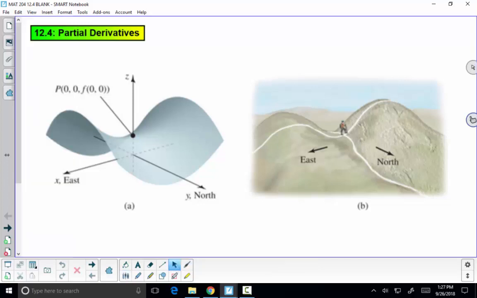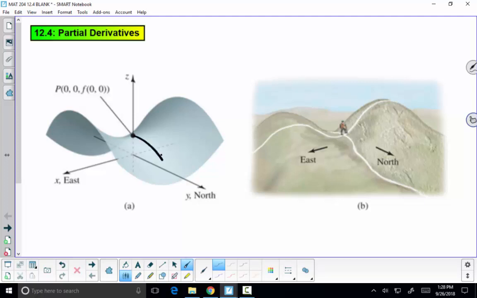All right, partial derivatives. Like we've alluded to, when you're dealing with a surface, there are 360 degrees that you can head. There is a rate of change in each of those directions. There are two specific directions that we want to analyze: going in the positive x direction and the positive y direction.